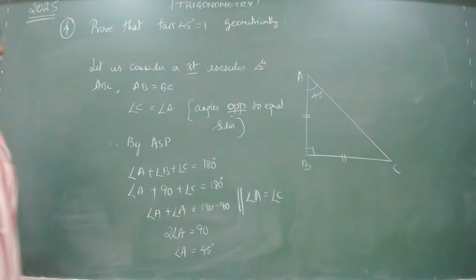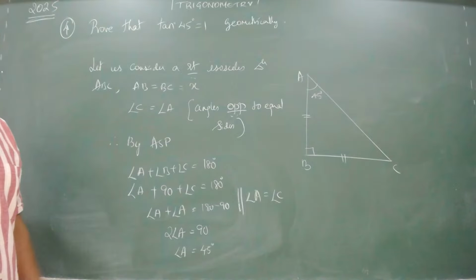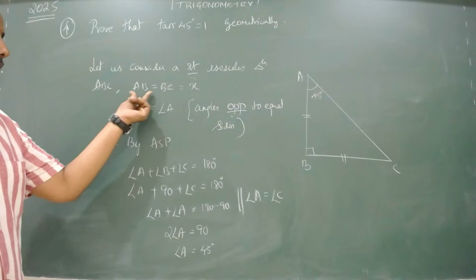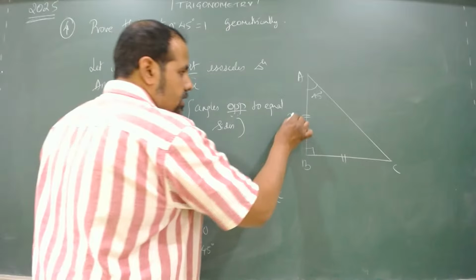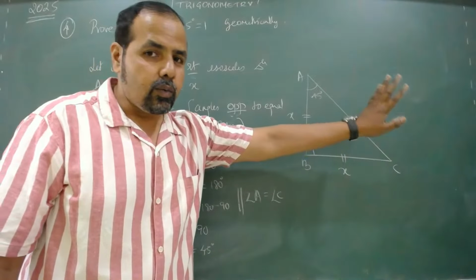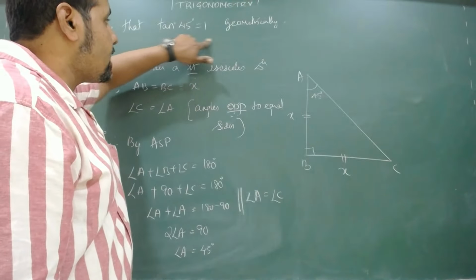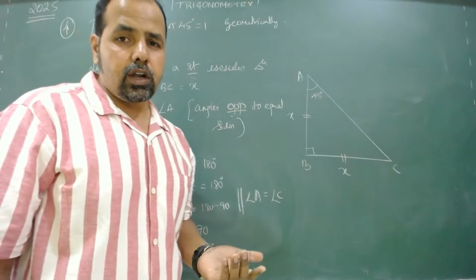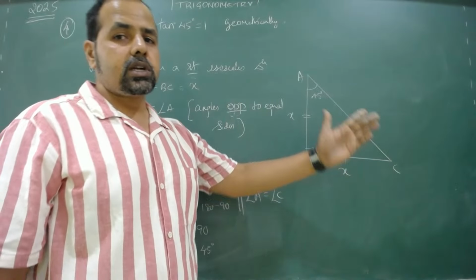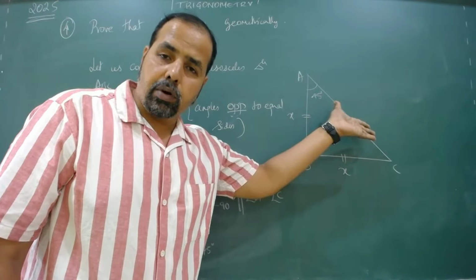Now, since AB and BC are equal, let me take them to be x. I'm not going to worry about the hypotenuse, because the question says you have to prove that tan 45 is 1. For tan 45, you just require opposite and adjacent, so I'm not going to waste my time finding the hypotenuse.